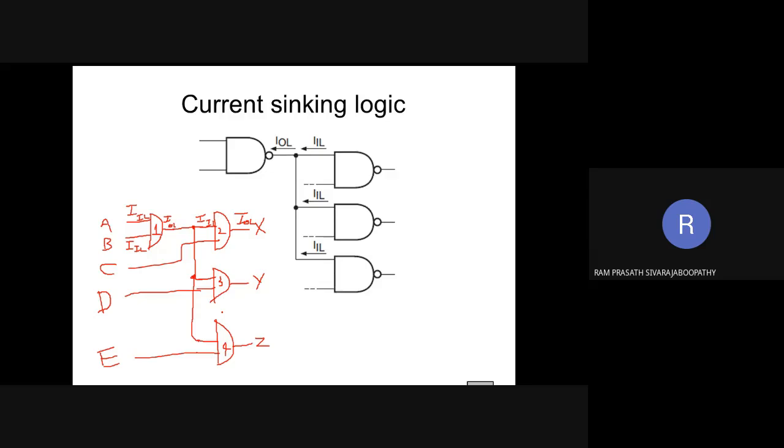Yes, so based on that the current direction can be changed.